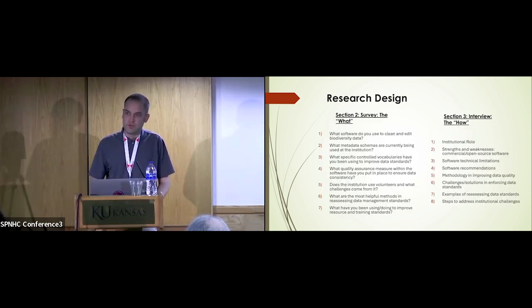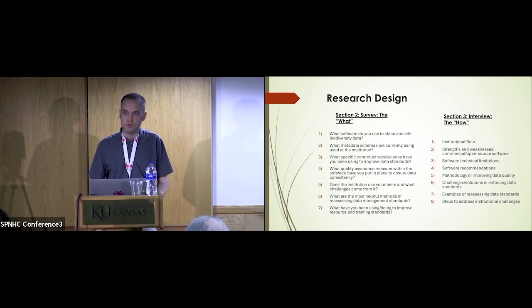The research design of this paper had 3 sections: the literature review, the survey, and the interview. For the purposes of this presentation, I'm not going into detail on the literature, but I will overview the other 2 sections. Section 2 was the survey, as shown with the questions on the left.